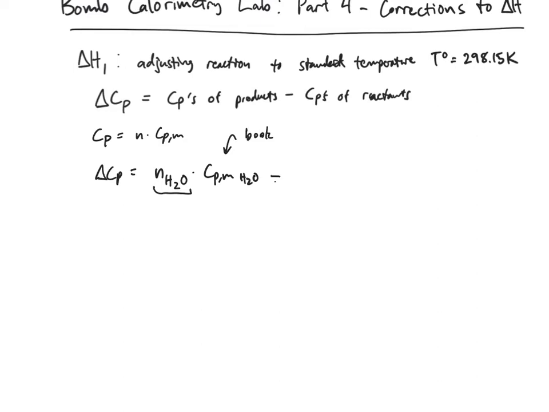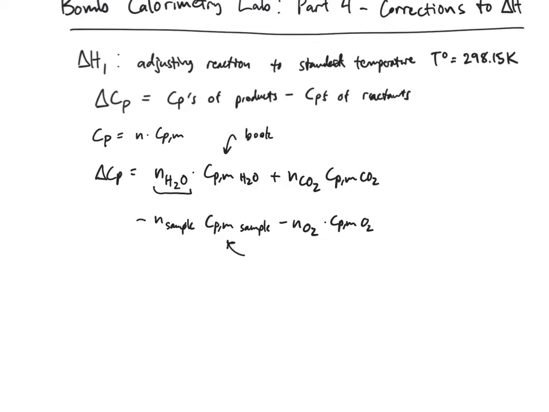And we'll add it to the number of moles of CO2 times Cpm of CO2. Then we'll subtract the number of moles of our sample, biphenyl, times Cpm of that sample biphenyl. Then we'll also subtract the number of moles of O2 times the Cpm of O2.